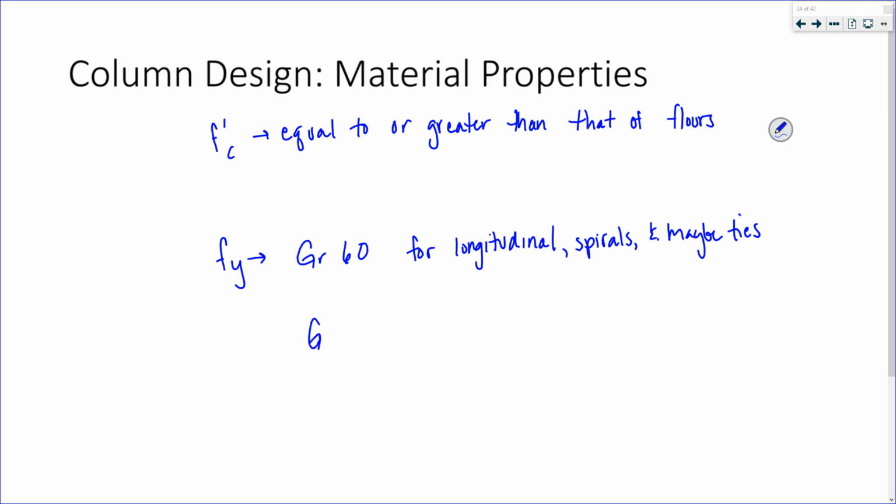And you could use grade 40 for your ties. That's similar to beams. We want grade 60 for our longitudinal reinforcement, but our ties could be grade 40. So like our shear reinforcement, basically.